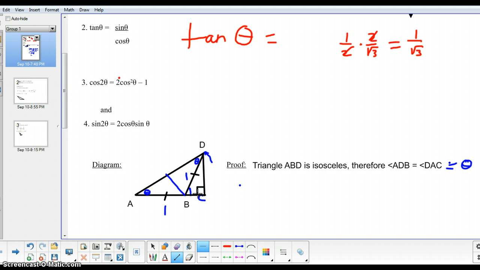So then we could say our angle DBC is an exterior angle, and the sum of the opposite two interior angles, therefore it would be our 2 theta. So let me type that in.